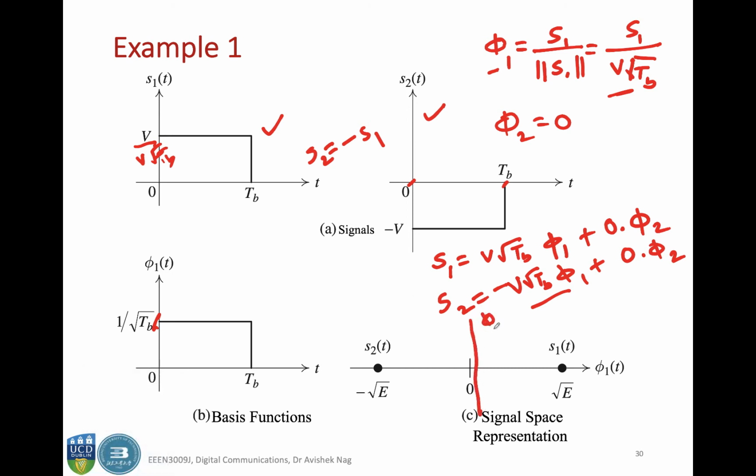This is your phi 2 direction, but your two signals S1 and S2 are not required to be represented in terms of phi 2. If you imagine this as an xy coordinate plane, both these signals are along the x-axis. This is your S1, and the amplitude of S1 is V root TB, which you can also write as square root of E, where E is the energy of the signal.